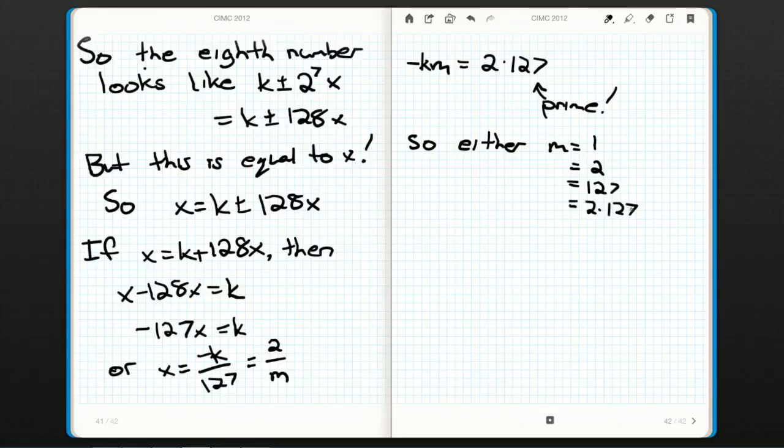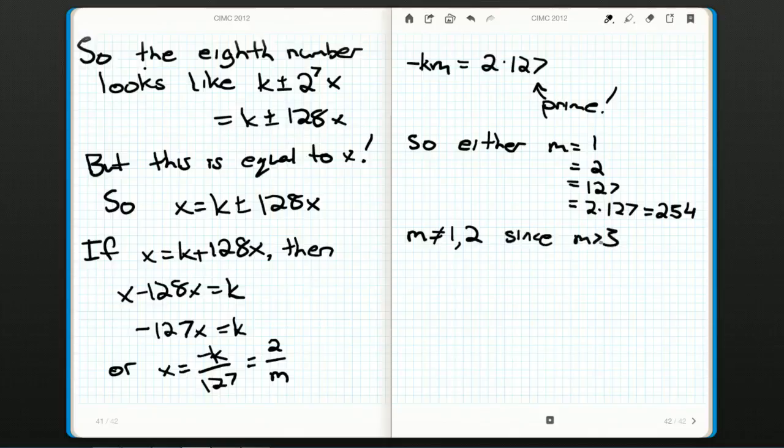Let's figure out what that is with our calculator. 2 times 127, that's going to be 254. Now m can't be 1 or 2, since m is greater than 3.